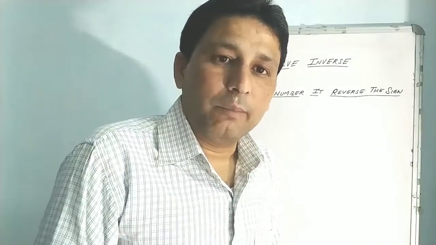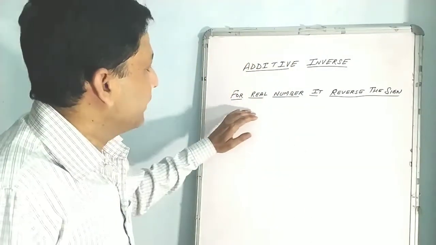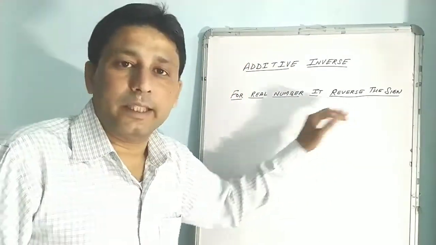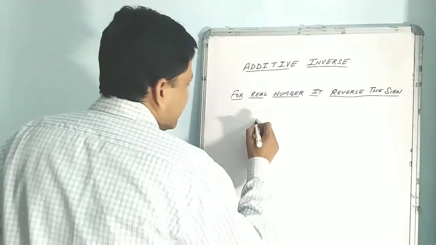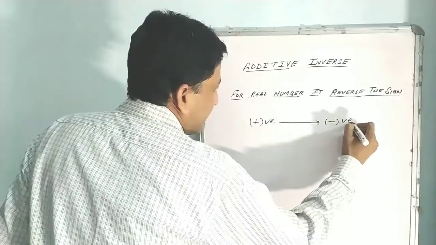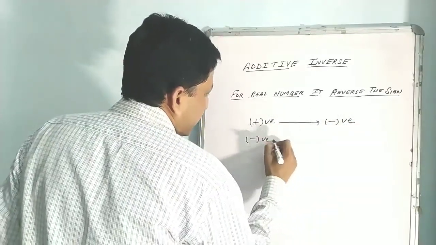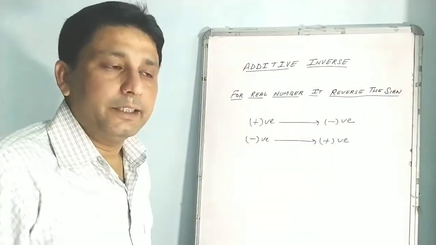Now moving on, next topic, that is additive inverse. For a real number it reverses the sign, which means when you change the positive sign into negative sign or negative sign into positive sign, this process is known as additive inverse.